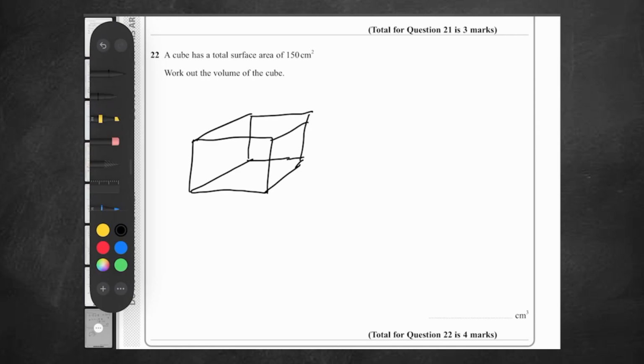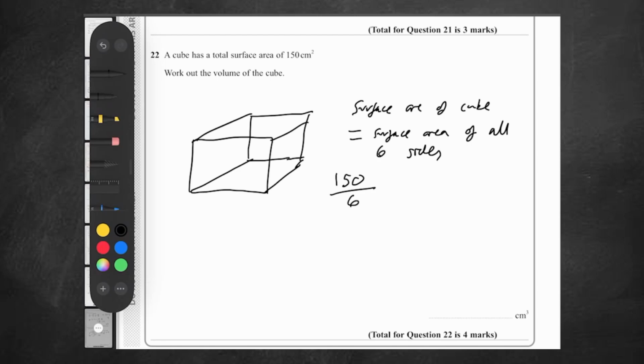So the surface area of the cube is going to equal the surface area of all 6 sides of the cube. So if we're saying 150 is for the whole cube, divided by 6 gives us 25 centimeters squared area for one side of the cube.